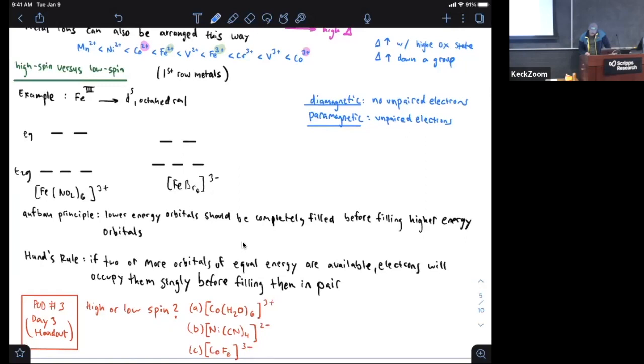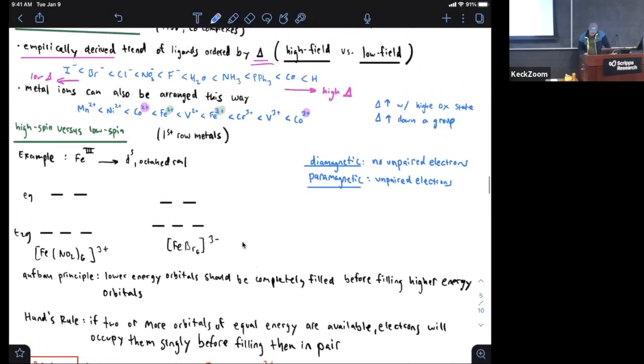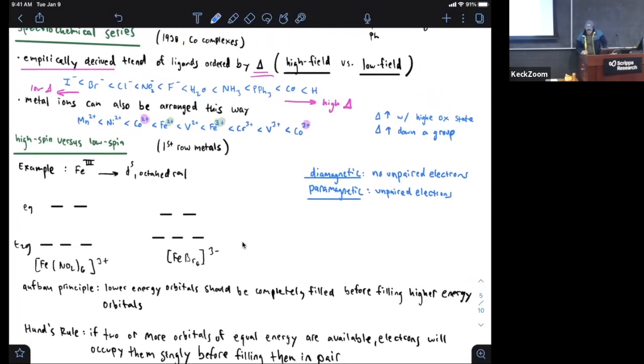And we'll apply this concept of the spectrochemical series and splitting energies to make a prediction about whether for a given ligand set, iron 3 will be so-called high spin or low spin, meaning high spin means that there's a large number of unpaired electrons, and low spin being there's a small number of unpaired electrons.